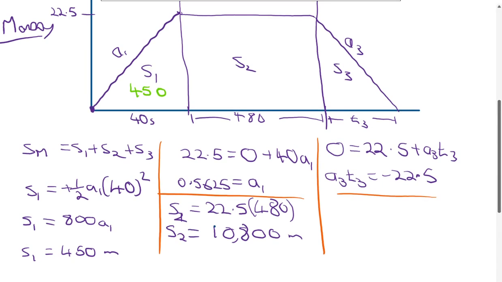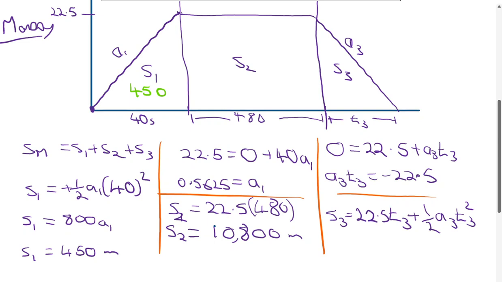And we also know our S equation, S3 equals UT plus a half AT squared. So that's 22.5 T3 plus a half A3 T3 squared. And maybe that'll be useful very soon, but we'll see.